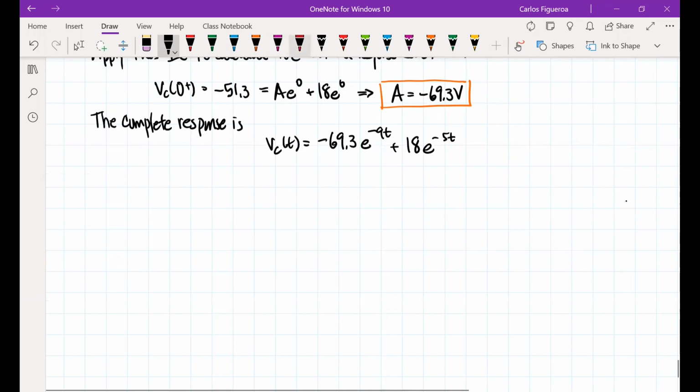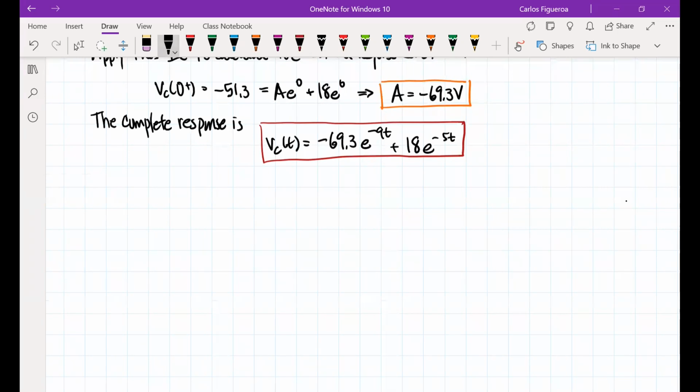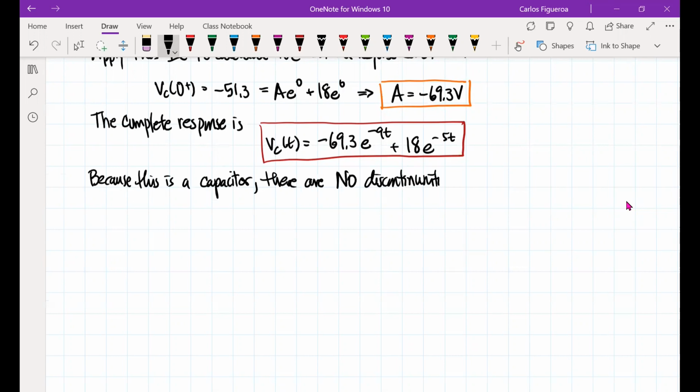So here's my solution right here. What this tells me is that because this is a capacitor, there are no discontinuities when a switch is thrown.